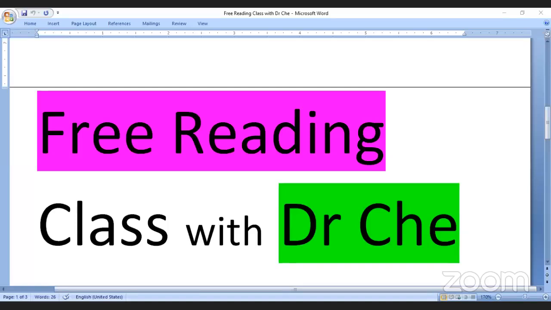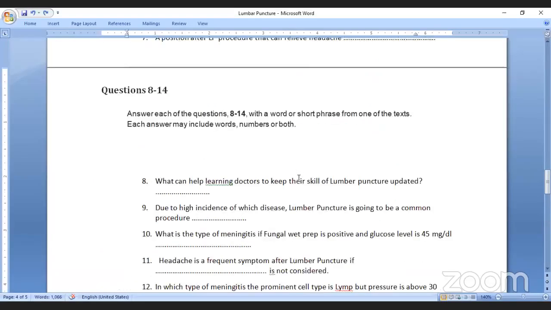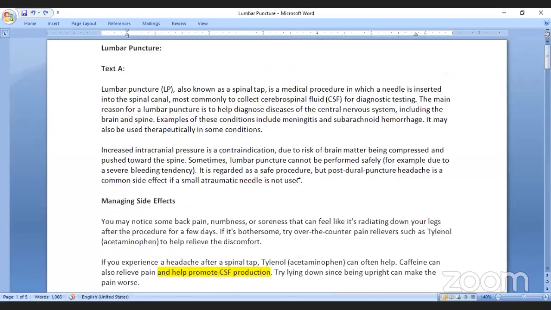First we will complete yesterday's reading part A, and then we will continue.